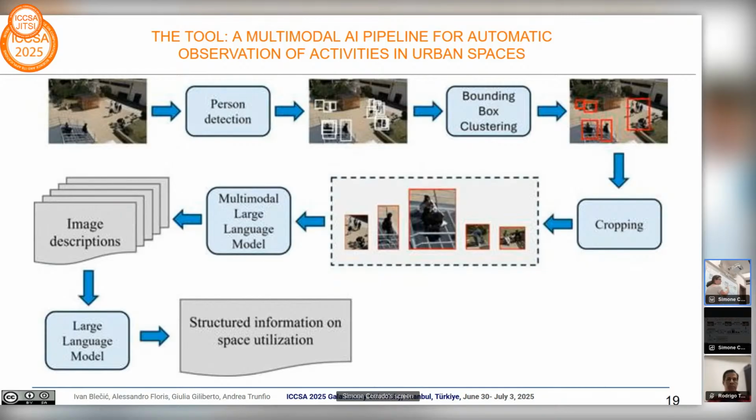Just to mention, not to steal too much time, Julia's answer is correct, of course. What we did here is play with many different pipelines and try them. It's a craft work: how to prepare the images and the bounding boxes so that the multimodal AI makes fewer mistakes and hallucinates less.